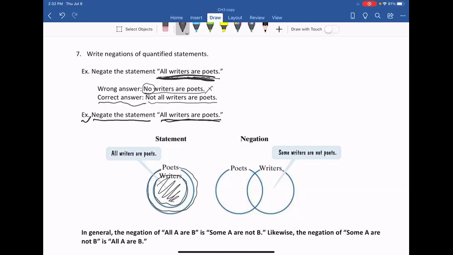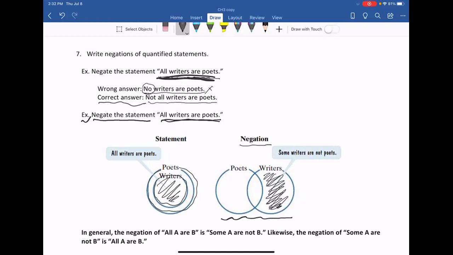The negation is some writers are not poets, because some of the writers are not poets. This is the Venn diagram to express the negation.